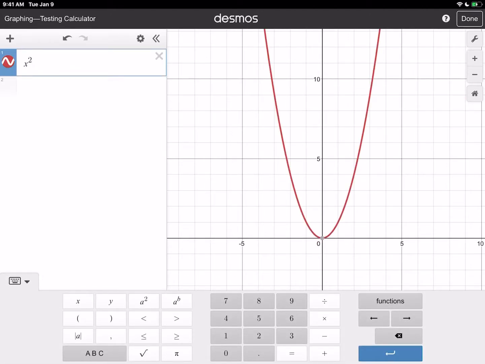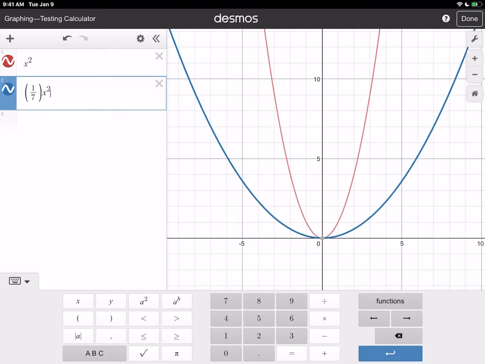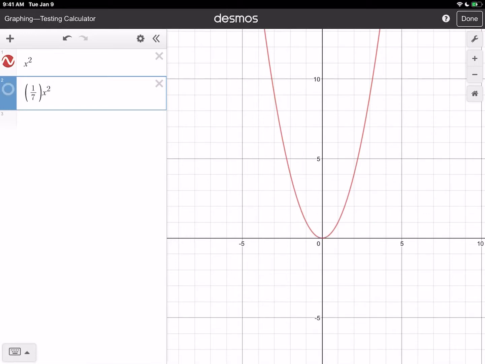So x squared and 1 over 7 x squared. Okay, so my original is my red one, and my new one is my blue one. It looks like my equation, or the 1 over 7, caused it to become wider.